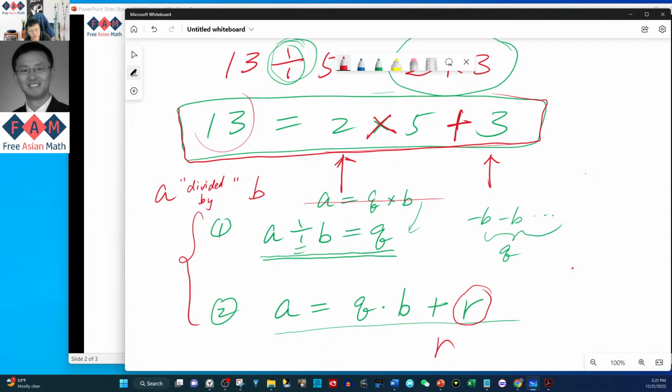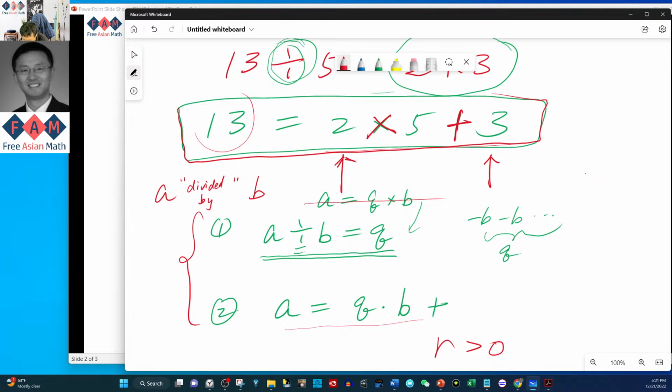But wait a second. In this particular case, R cannot be 0, because if R is 0, then this will go back to the first case, right? If R can be 0, then we actually could verify that A is indeed a multiple of B. So R cannot be even 0, so R has to be greater than 0. That's one thing.